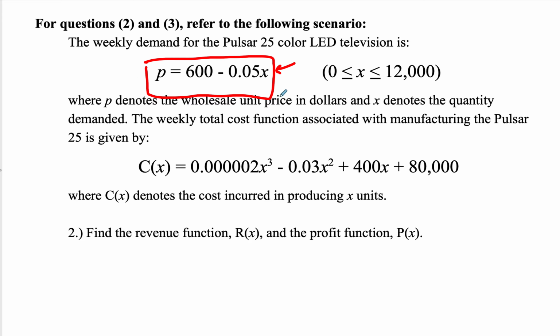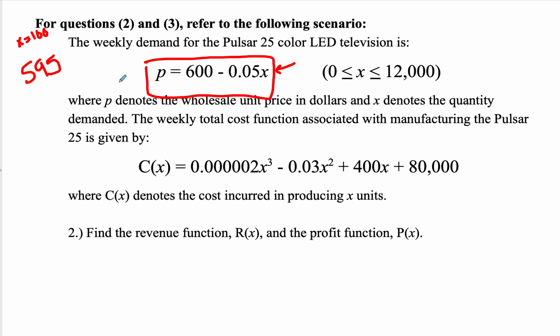Then x is equal to 10, this is equal to 0.50, so every one of them is selling for $599.50. How about I make it even nicer? What if x is equal to 100? If x is 100, then this is 5. So every one of them is being produced and sold for $595, assuming that we're selling 100.